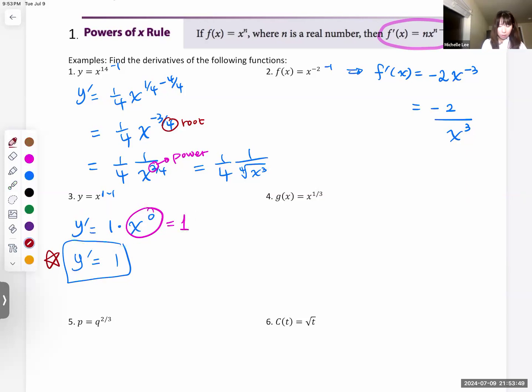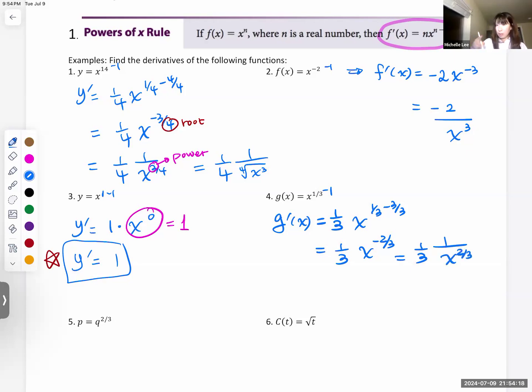All right, now g prime of x. We have 1/3, drop the power and reduce by 1. In that case, 1 is 3/3. So we have 1/3, x to the -2/3. Okay, x to the negative power, we can rewrite as 1/x to the 2/3.